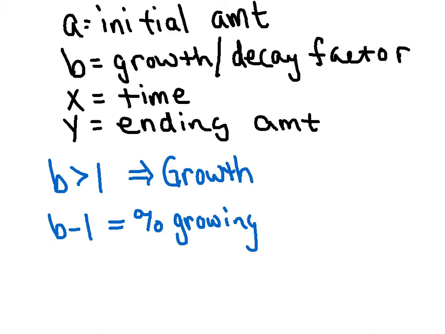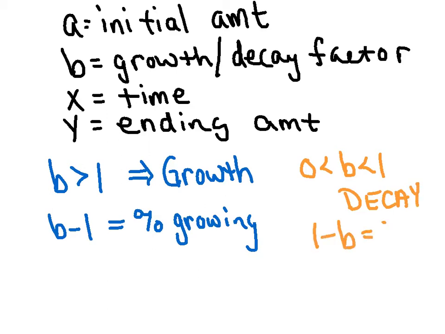The flip side of that is if b happens to be some number between 0 and 1, we now have a decaying model. And this time we're going to do 1 minus b to get the percentage of decay, or the rate at which a certain population or culture is decreasing or decaying.